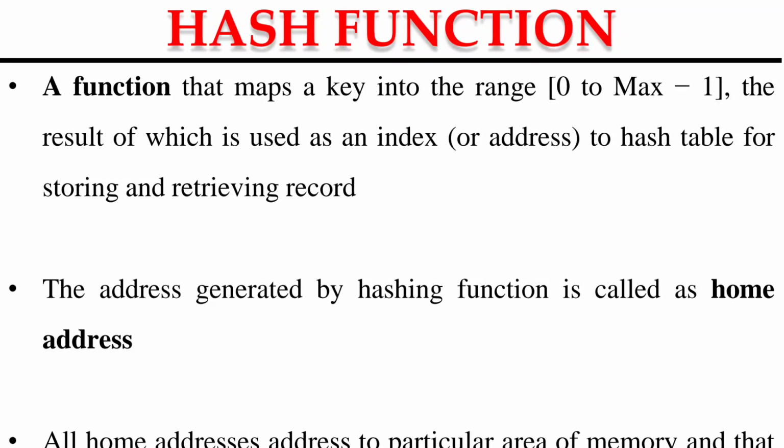A hash function maps a key into the range of 0 to maximum minus 1. Suppose we have an array size of 10, so the hash function size is 10. Then our hash table will have index values 0 to 9. Hash functions have some types, 4 types that we are going to learn after this.